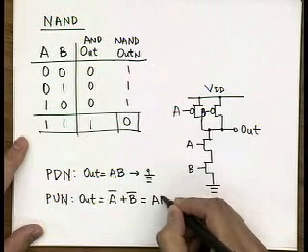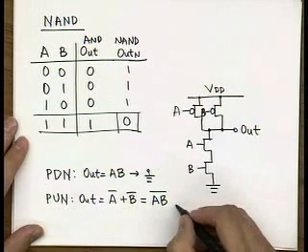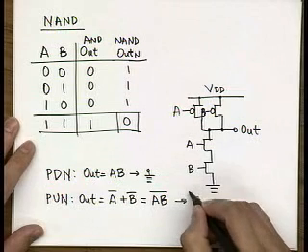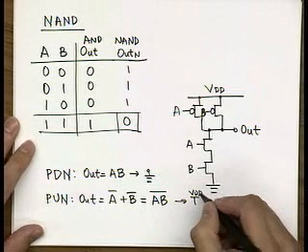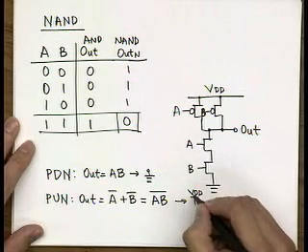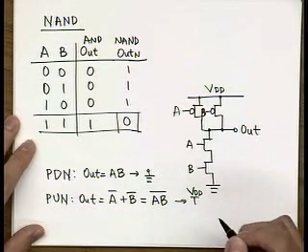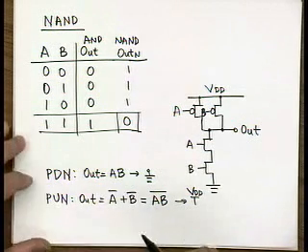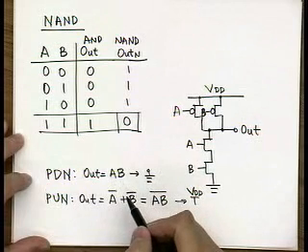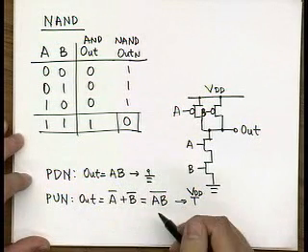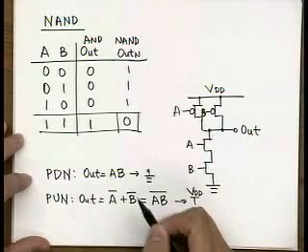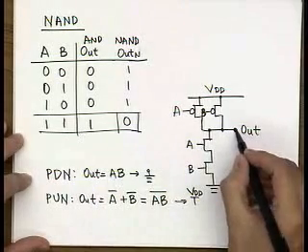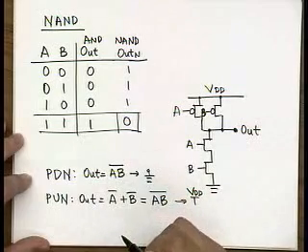So this is now conduction to VDD. This is also actually the complement of A times B, because we are taking the complementary output.